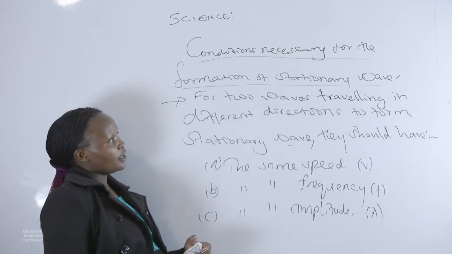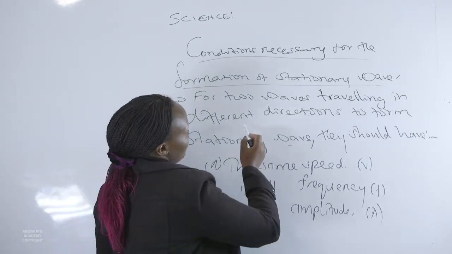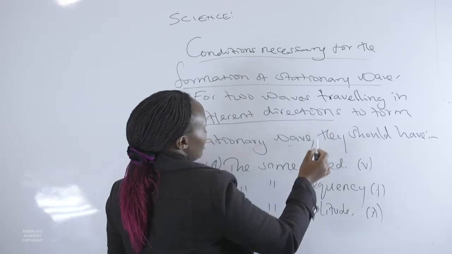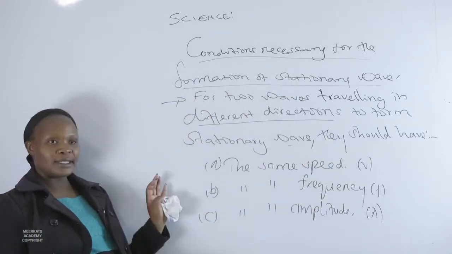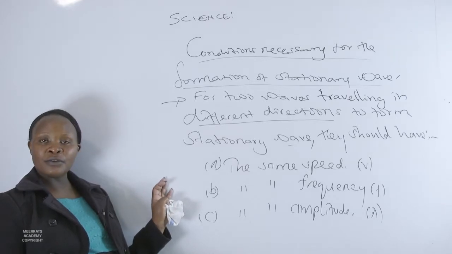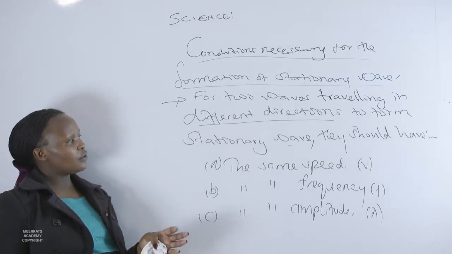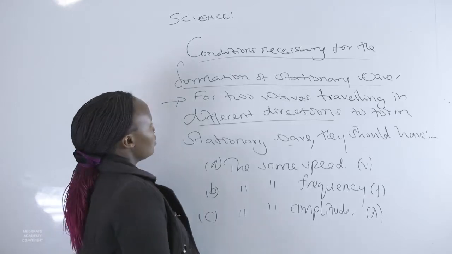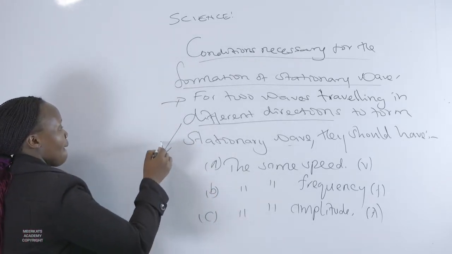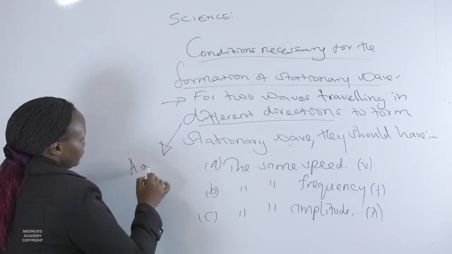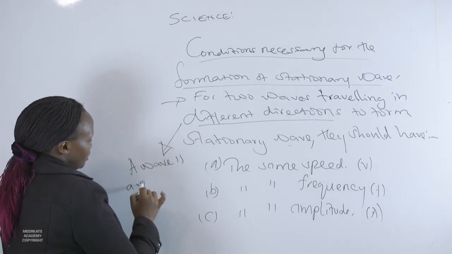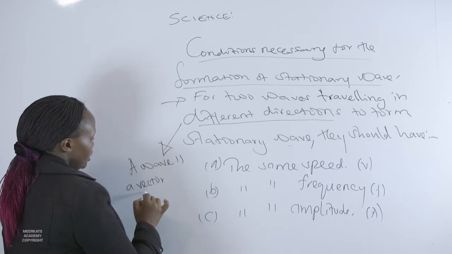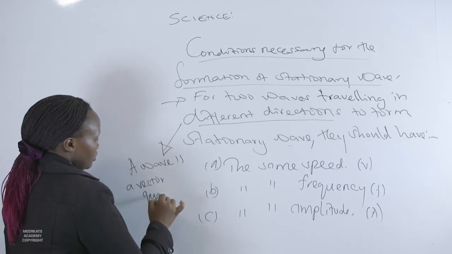Now, for two waves to be equal, they should have their speed, their frequency, and their amplitude equal. However, being a vector quantity, the difference in direction negates one from another. Note that a wave is actually a vector quantity.